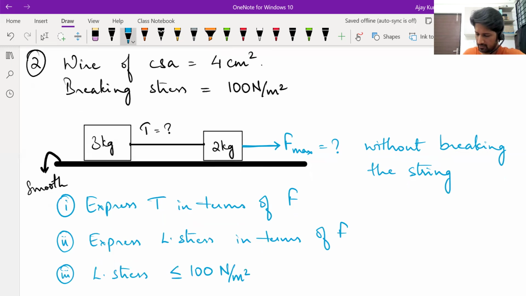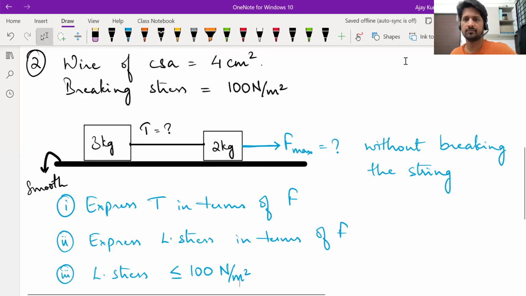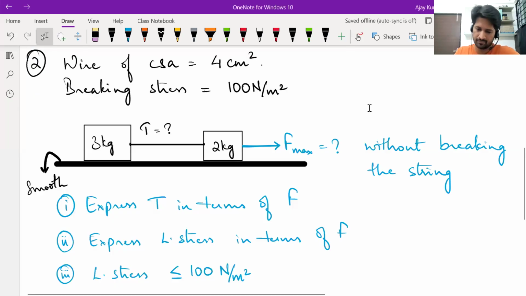From there, you'll automatically get the maximum value of F. Do this.